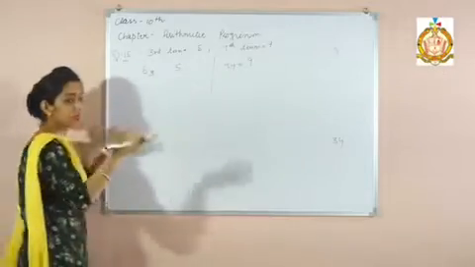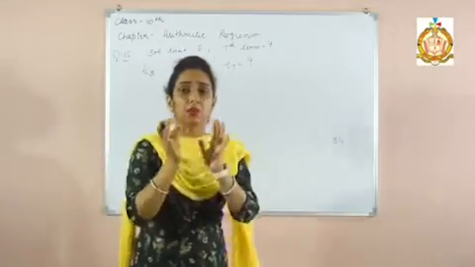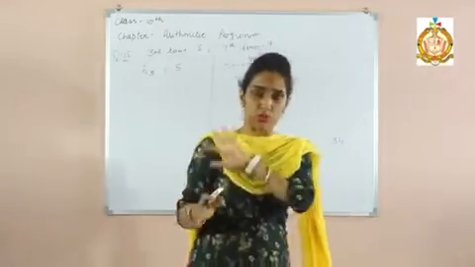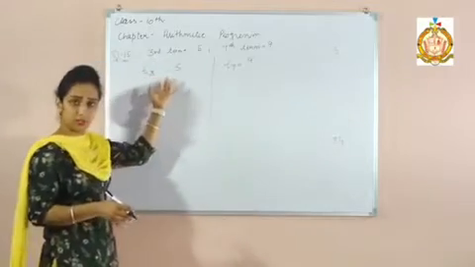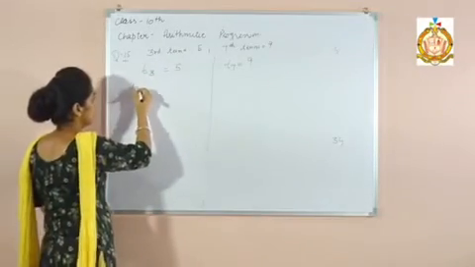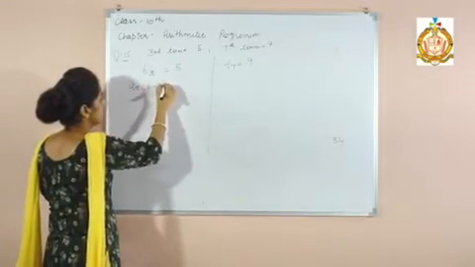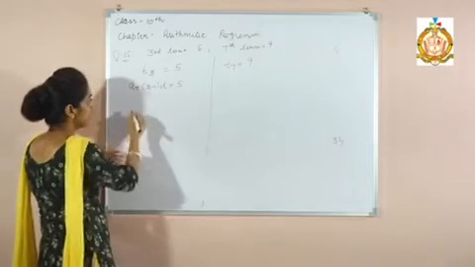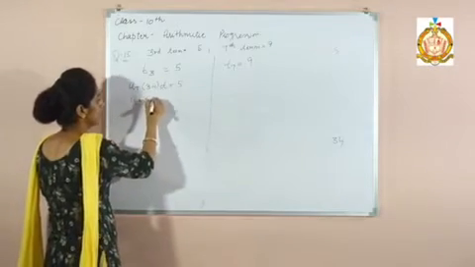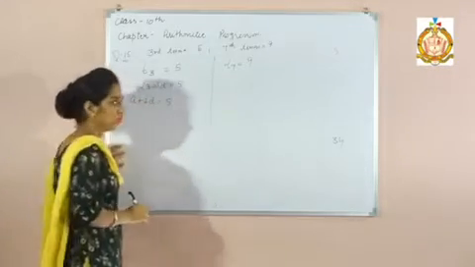Now for T3, what is the formula of the general term? a plus (n minus 1) into d. Now n is 3. So a plus (3 minus 1) into d is 5, so a plus 2d is equal to 5.